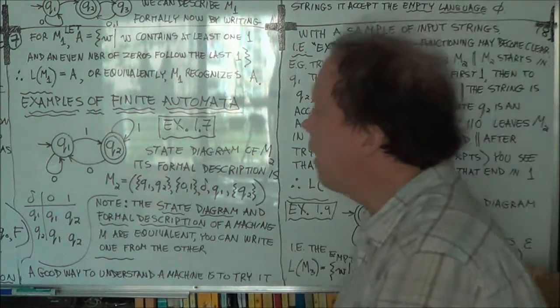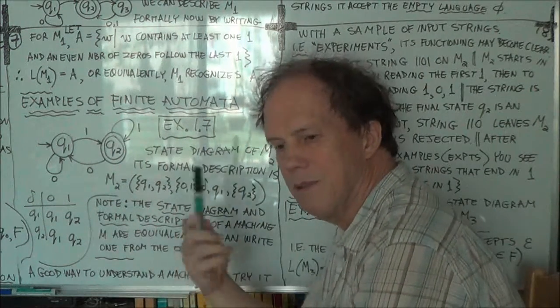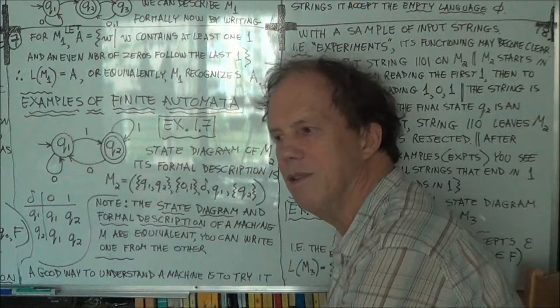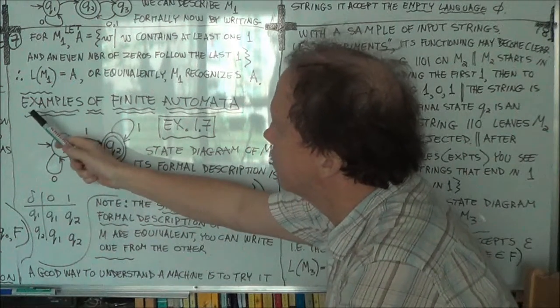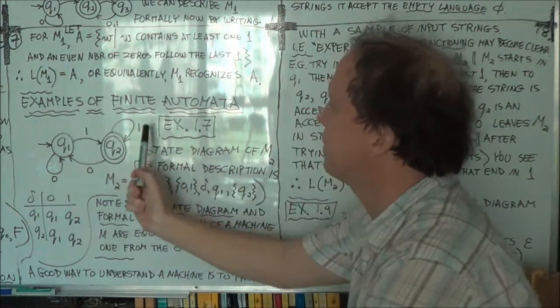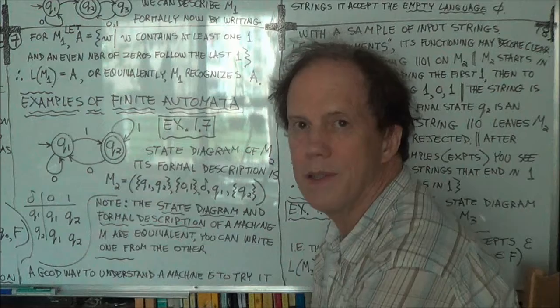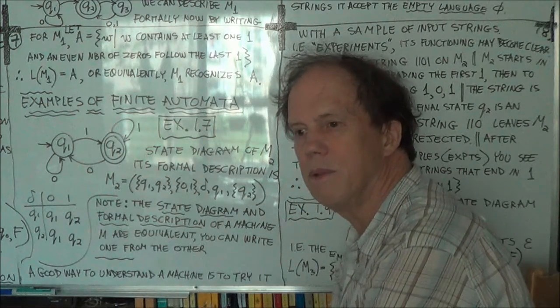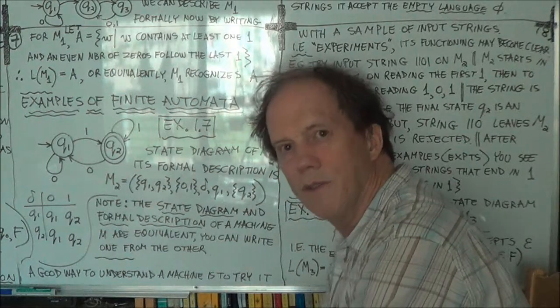Okay, now, double lines usually mean a major new topic. Well, it's not really, but we're now going to start doing some examples of finite automata besides M1. We'll do quite a few of them, and each time we will use the formal definition.